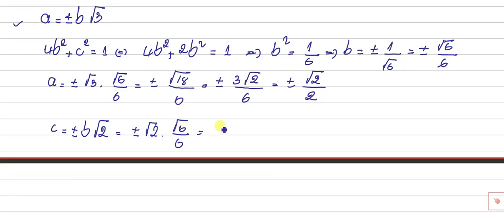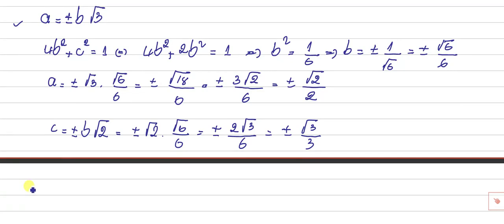If 12, I can write plus 2 square root of 3 over 6. So we've got square root of 3 over 3. This is C.